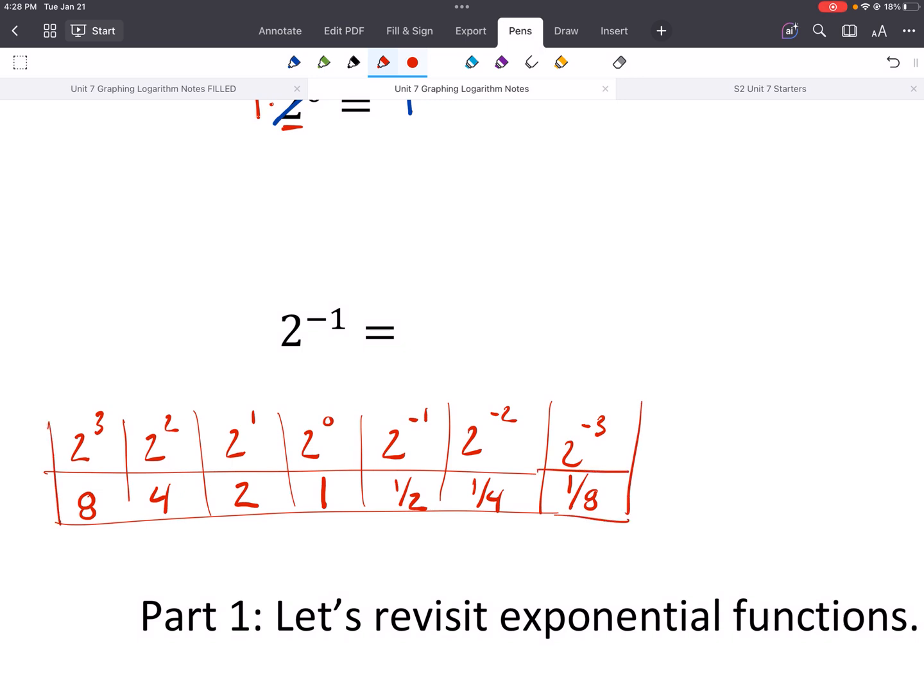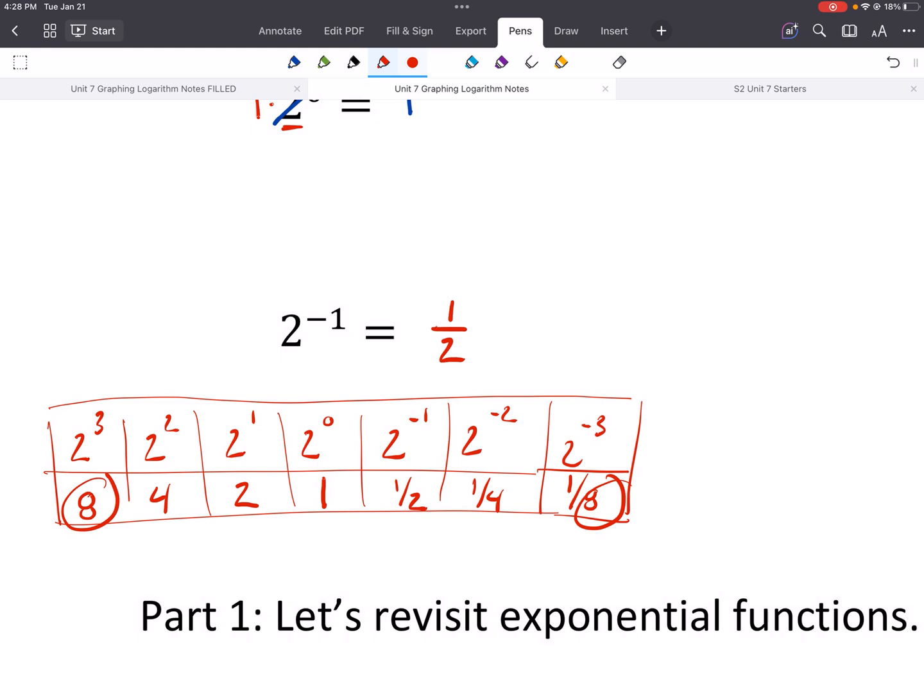Okay, so if we think about it that way, we end up getting the same number, but when we have a negative exponent, it's almost like a reciprocal. So we end up having 1/8, or when it's -2, we end up getting 1/4. For this example, it would be 1/2.